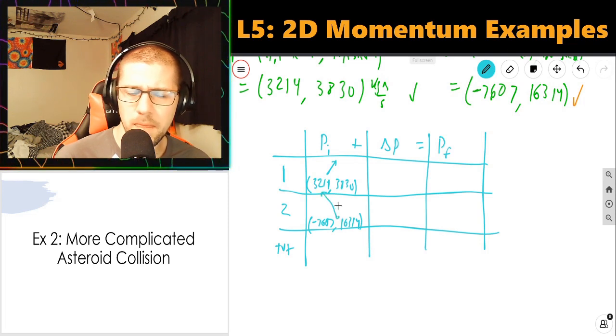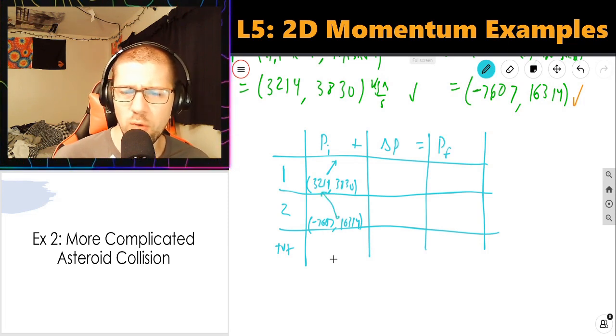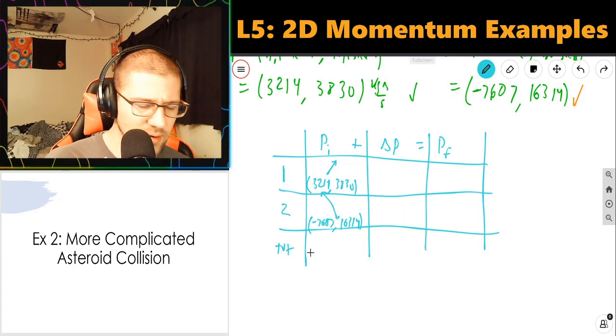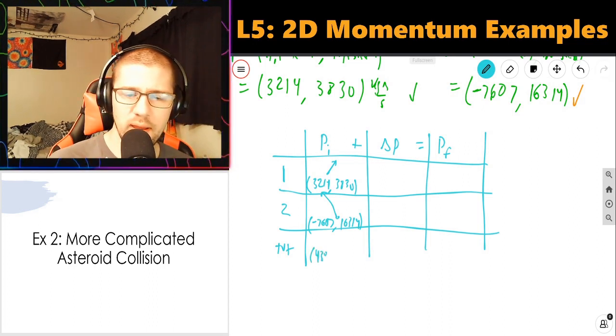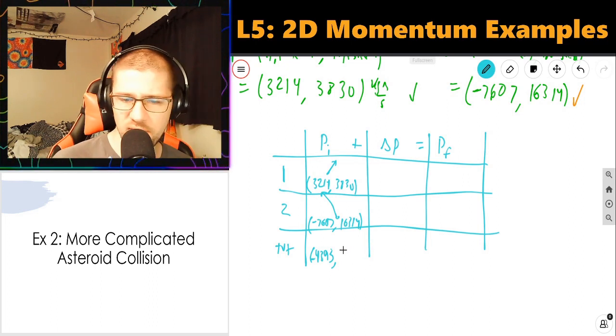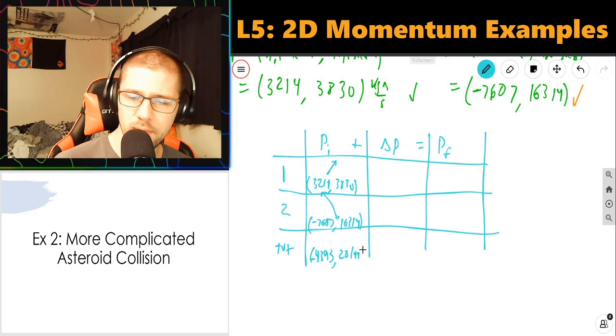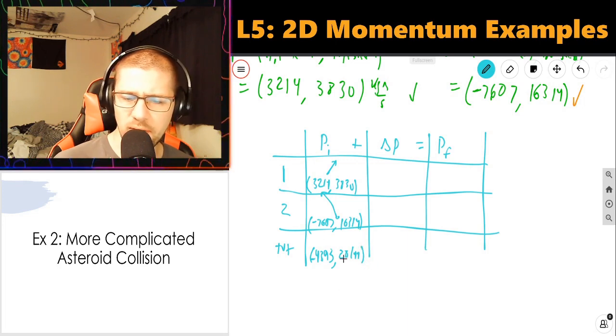Boom. So my total initial momentum for my system is just going to be the sum of these, and they just add component-wise. So that's going to give me negative 4393 and 20144. Cool. And that's a vector that largely points up and a little bit to the left.